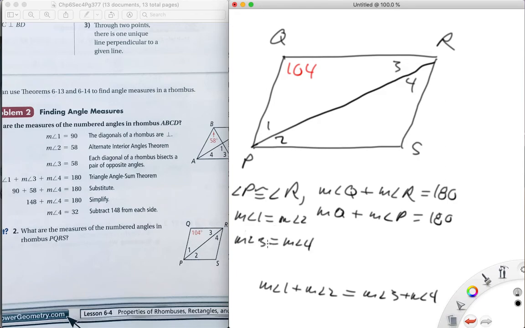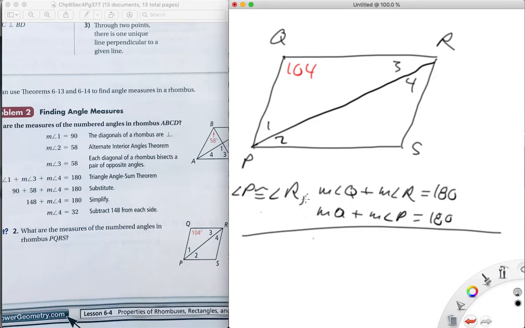So they're the same. So instead of calling it 1 plus 2, let's say that 1 and 2 equals x. I know that 104 and angle R are supplementary. I know that Q is 104.